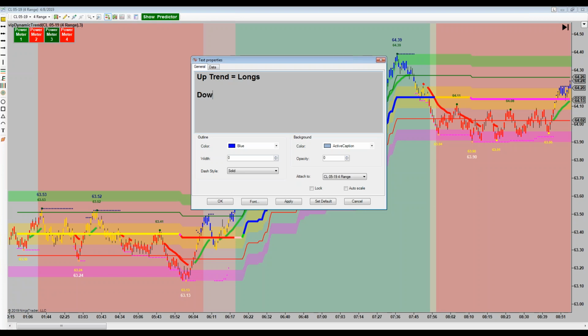Of course, you have a downtrend: shorts only. And then you have range bound, or chop, or sideways. There's different terms for it. Sideways, which could go either way. You could trade both sides, or you could stay out.